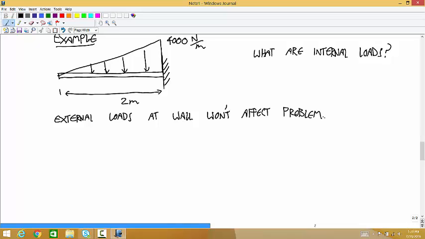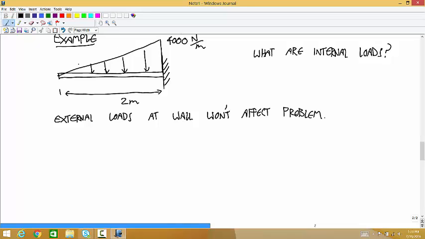Okay, so how many places are there where the subfunctions can change? There's the two endpoints, so your starting is always 2. Between the two endpoints, are there any points where there are point loads or where the function representing the distributed load changes?